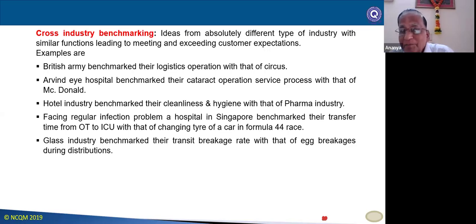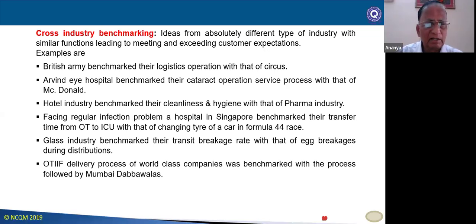All these matter. The glass industry is trying to benchmark that concept. So a very interesting aspect comes out: no trivial things have to be left out. That's a learning from benchmarking. Very important.